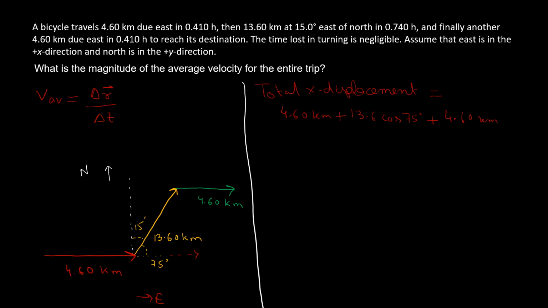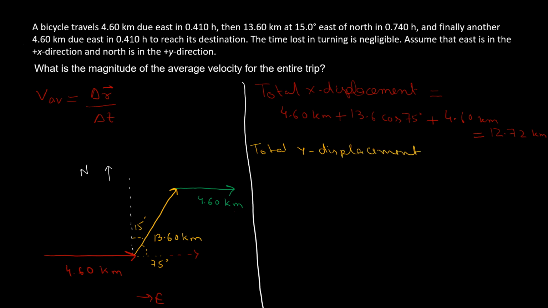When you calculate this, make sure that cosine of 75° on your scientific calculator is in degrees, not in radians. When you calculate this, it will be 12.72 kilometers. And similarly we can find the total y displacement for this entire trip.